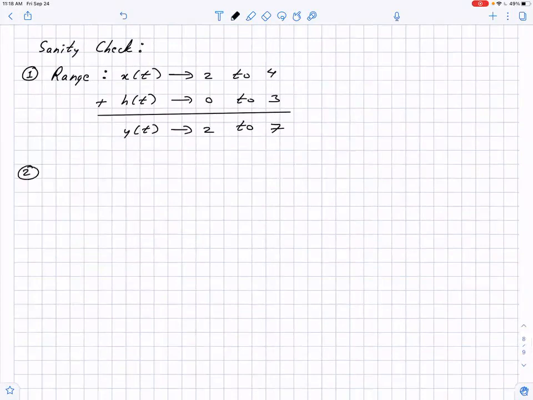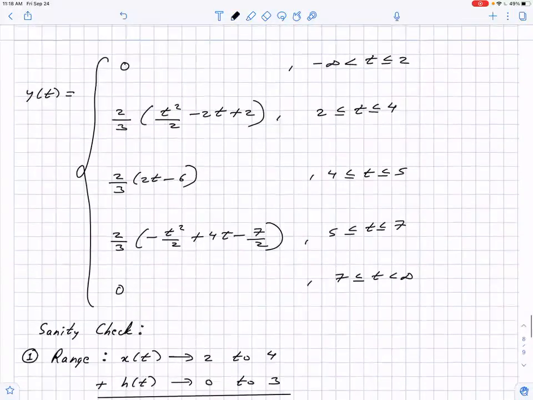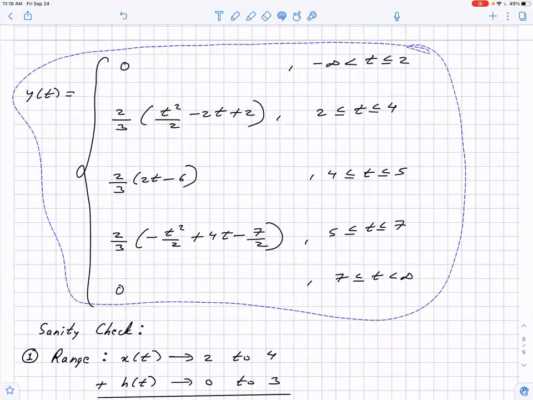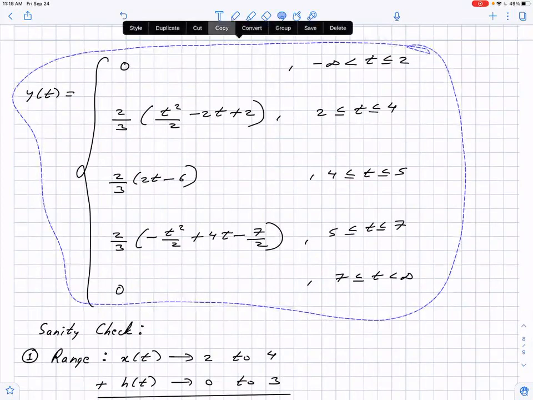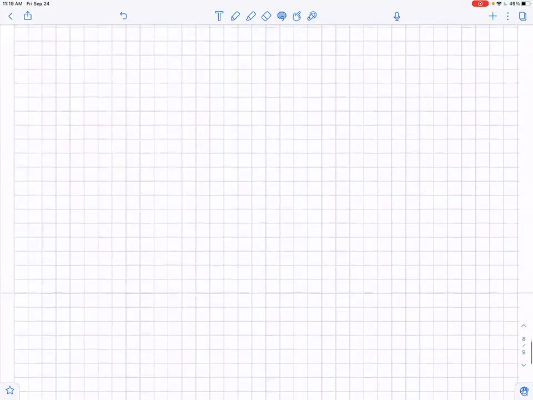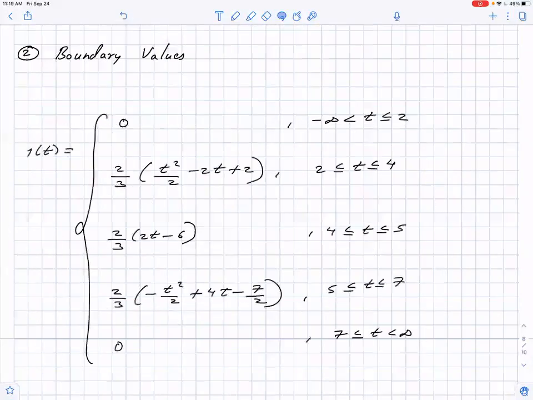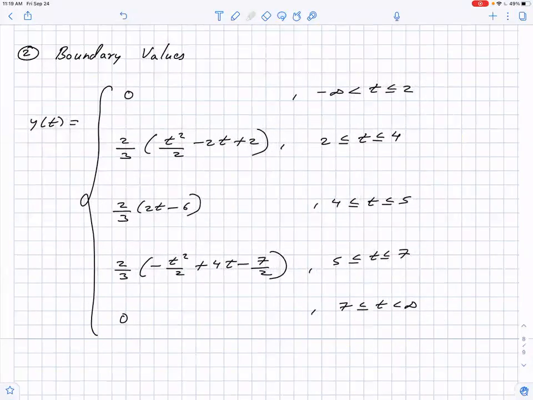Now the second one. The second test is boundary values. There are several values of t that are included in 2 different ranges. For example, 2 is included in the first range and the second range as well.